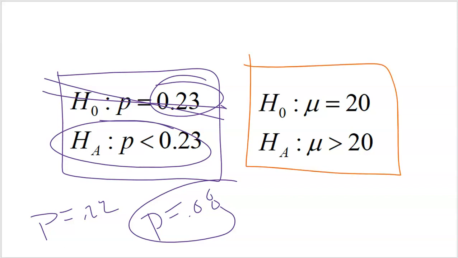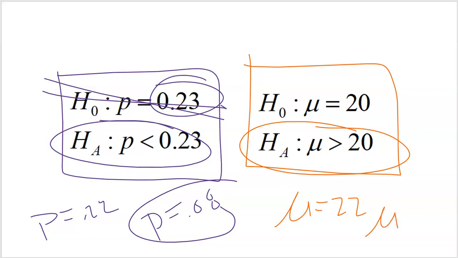Same thing here. Here's a test for a population mean. The null is that the mean is 20, and the alternative is that the mean is greater than 20. Again, if the alternative is really true, and the mean is, say, 22, well, okay, 22 is greater than 20, but it's just a little bit greater, so I might have a hard time seeing that.